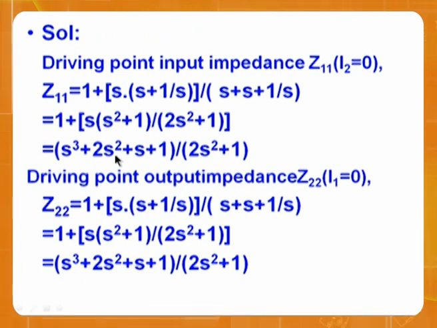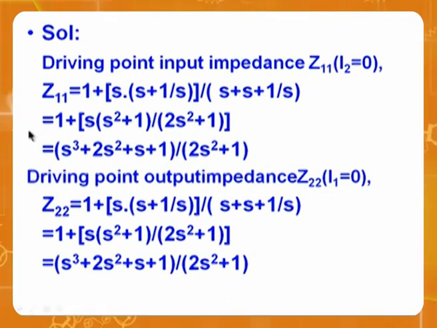See there, I am saying here Z11, I2 equal to 0, Z11 is 1 by S into S plus 1, 1 by S. Because this is 1 plus S into S plus 1, S into S plus 1 by S. So it is just like saying Z1 Z2 by Z1 plus Z2. So 1 is added. If you add that, you will get this function. This is driving point impedance. If you want the output side, put I1 equal to 0 and get it.